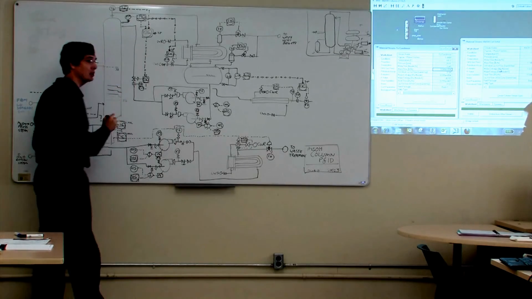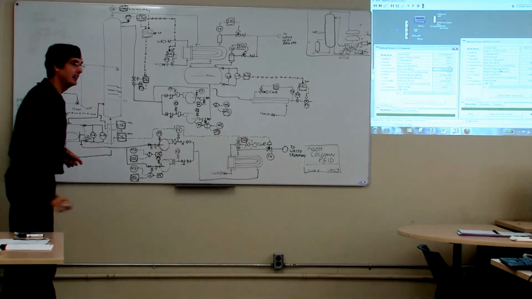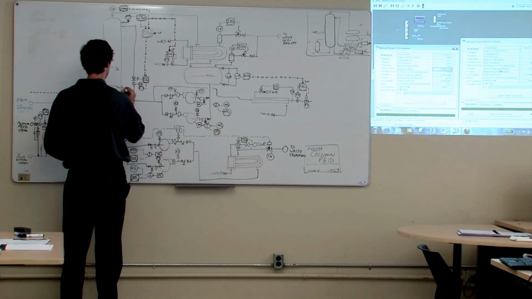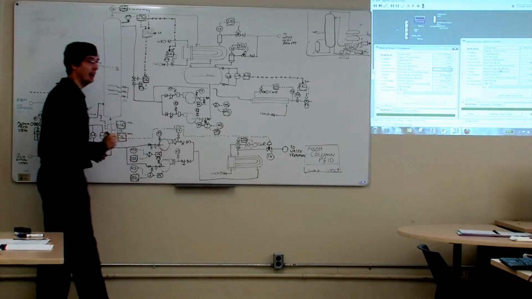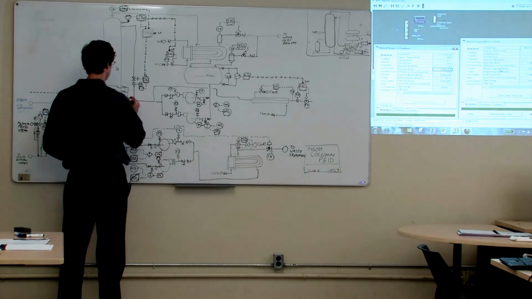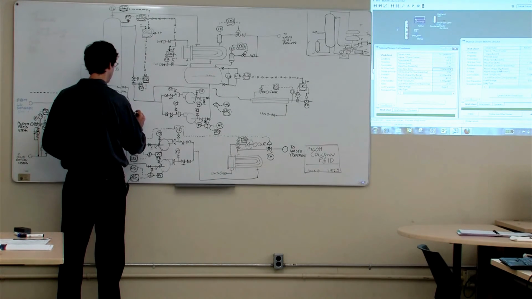How about if we hedge our bets and pull it off a couple of trays? Put some manual valves in so the operators can decide what tray they want to pull it off on. There's really not a good way to tie a single loop control in there.